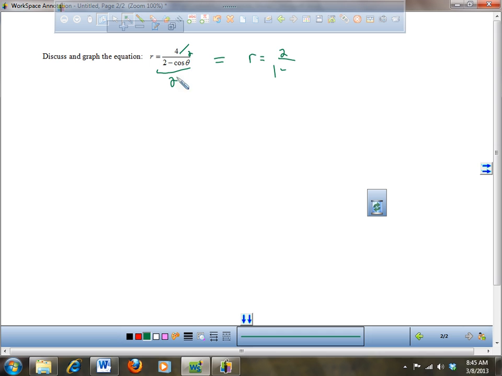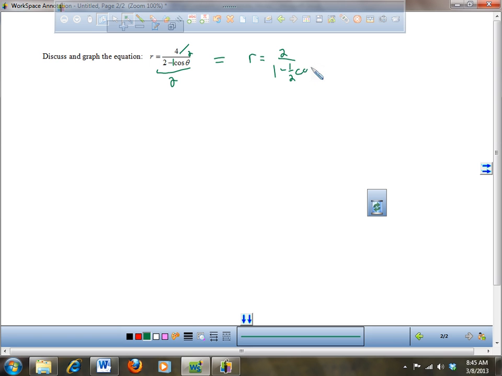No, you don't have to divide r by 2 because really I'm dividing by 1, right? When I divide the top and the bottom by 2, I'm dividing by 1. So this becomes 1 minus, it's like 1 cosine, so you have to divide this by 2. So 1/2 cosine theta.